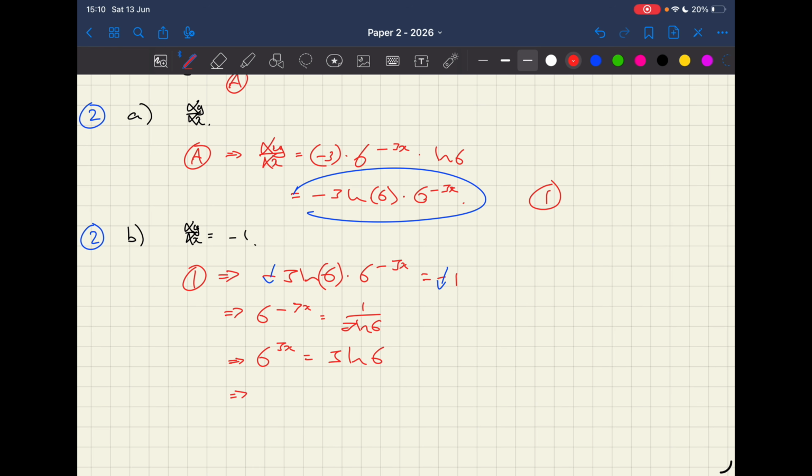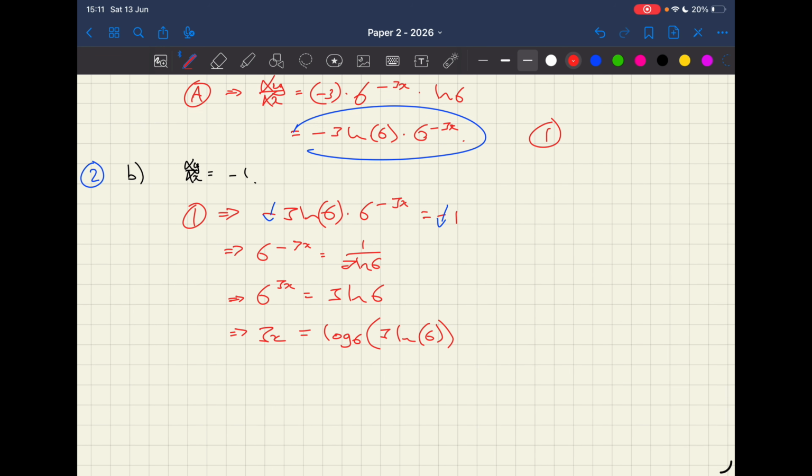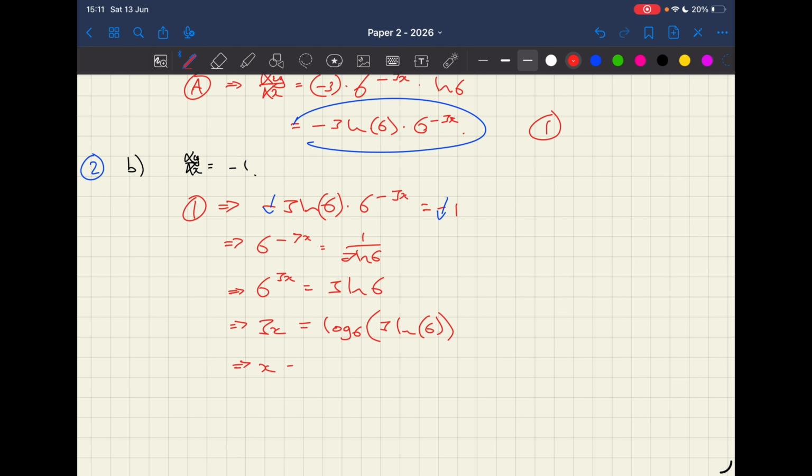We're going to then take this to log base 6. So 3x is equal to log base 6 of 3 log of 6. And then we want to do 1/3 of that: log base 6 of 3 log of 6. Does that look good to me?